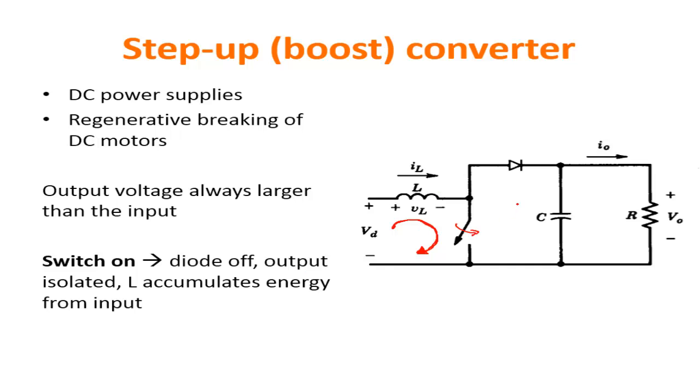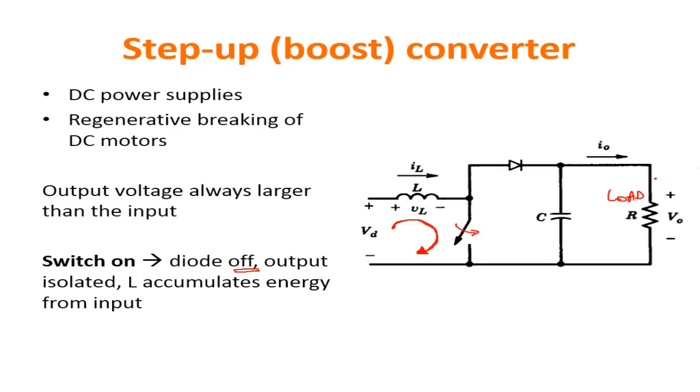Since this output voltage is high, the voltage applied to the diode is negative, and therefore the diode is off. And the output, this is the load, is, let's say, isolated.